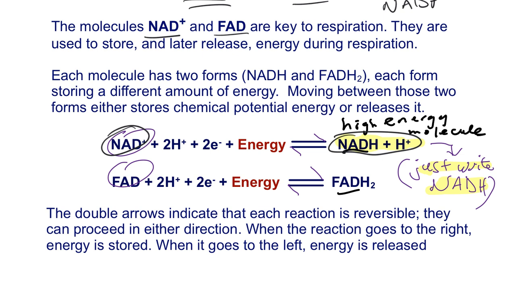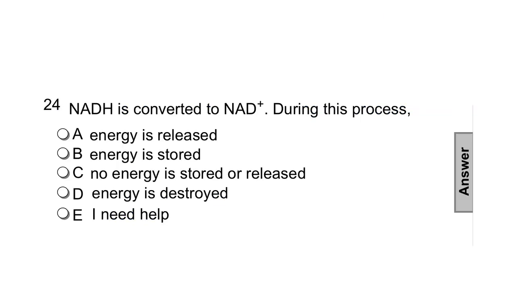I just write it as NADH. And FAD is the uncharged form. Then FADH2 is the charged up form. So NAD is one of those ATP-like molecules that stores energy for a short time.